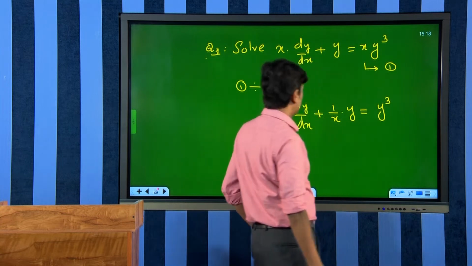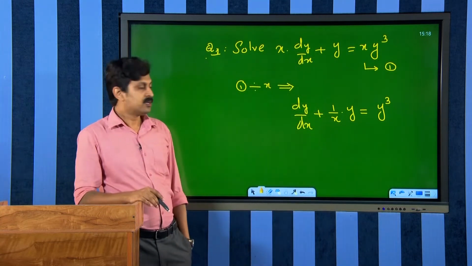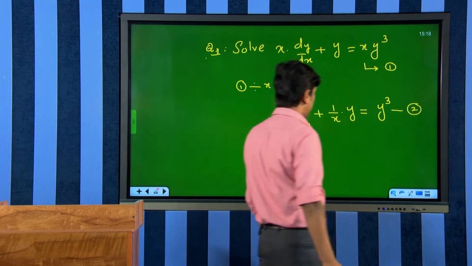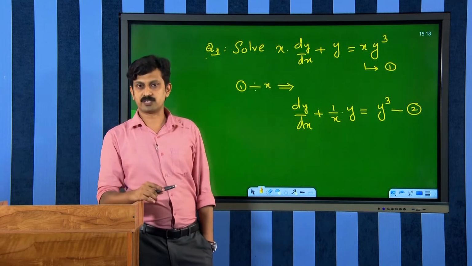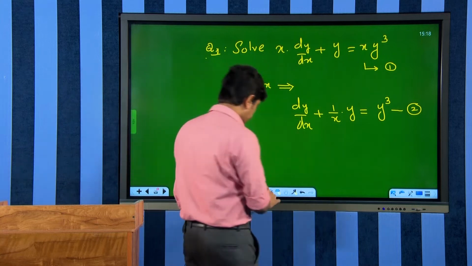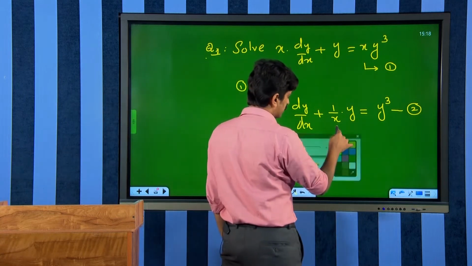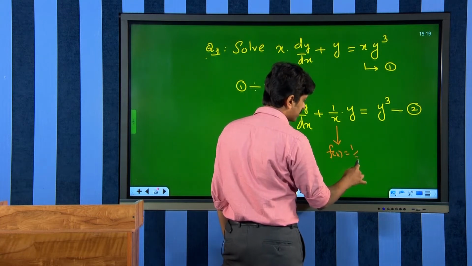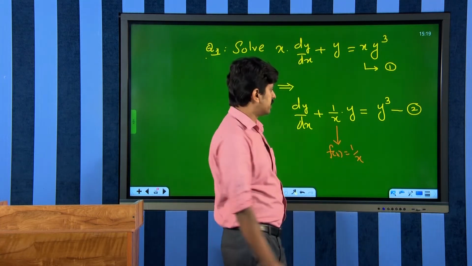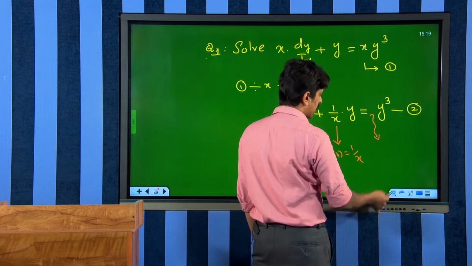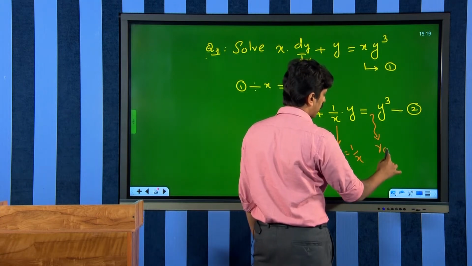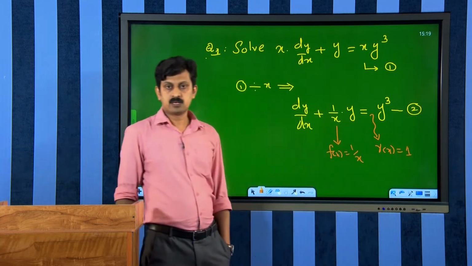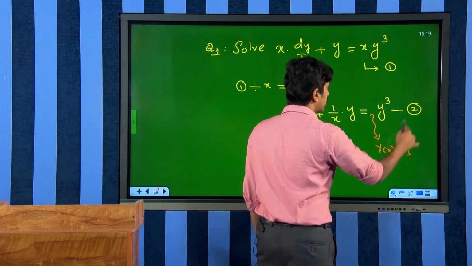Okay. Fine. While evaluating this equation 2, we understood that it is Bernoulli's equation. In Bernoulli's equation, here f of x is equal to 1 by x, and the term r of x, which is absent here, is 1. The power of y here is y cube.